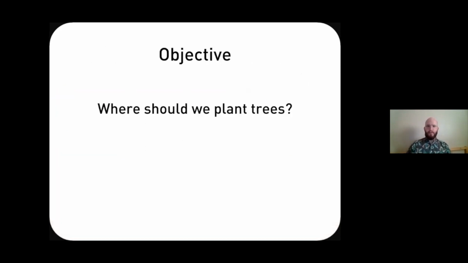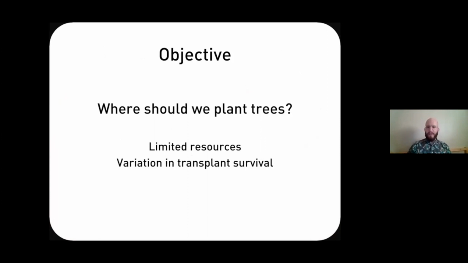So my main objective, or our main objective, was to understand where we should plant trees, given the limited resources to actually plant trees as a management action. There's variation in transplant survival. Sometimes some places are just going to be too stressful for plants to survive, even when they're planted.